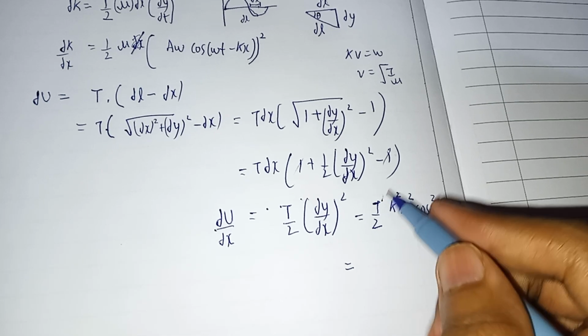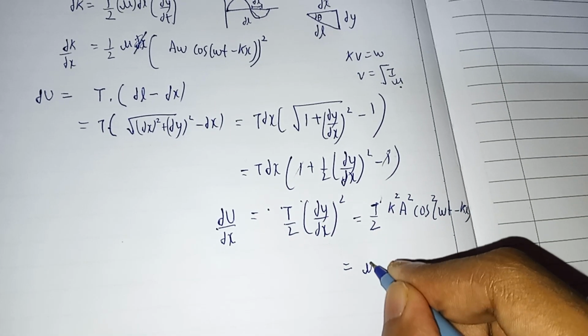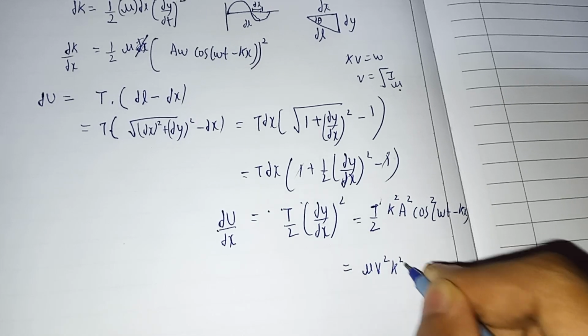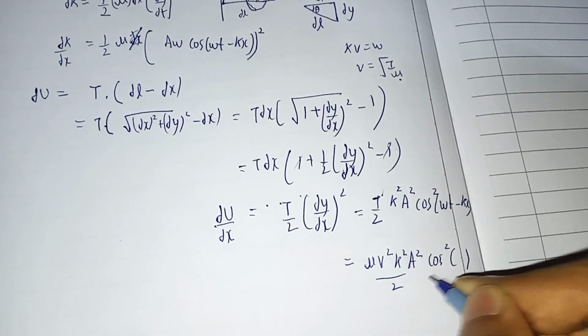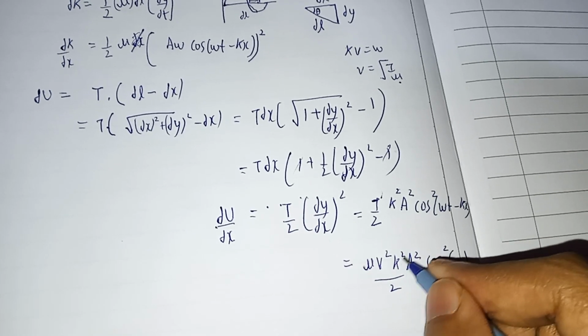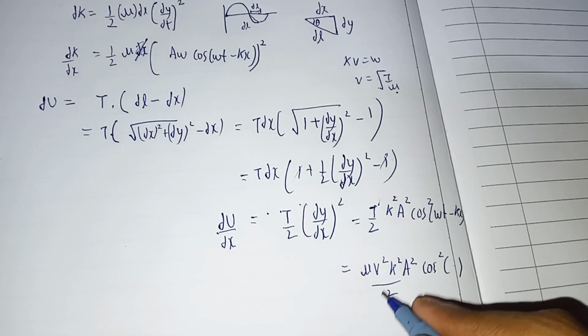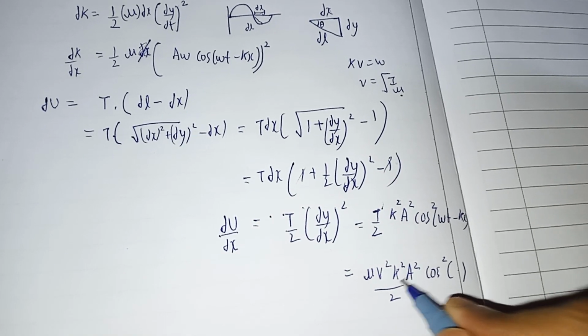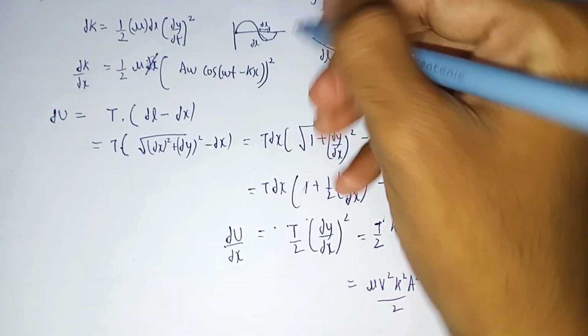The value of T would come out to be mu times v square. So this is mu v square k square a square by 2 times this cos square. And we also know kv is omega. So finally you can clearly see that it comes out exactly the same as the value we got for dK by dx.